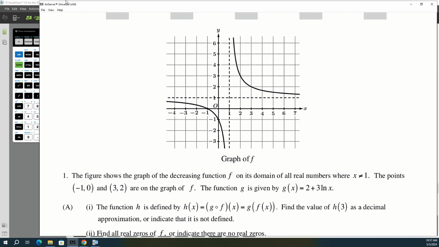All right, so this time we have a graph and a function in algebraic form. We're going to take that function in algebraic form and put it in for y1.